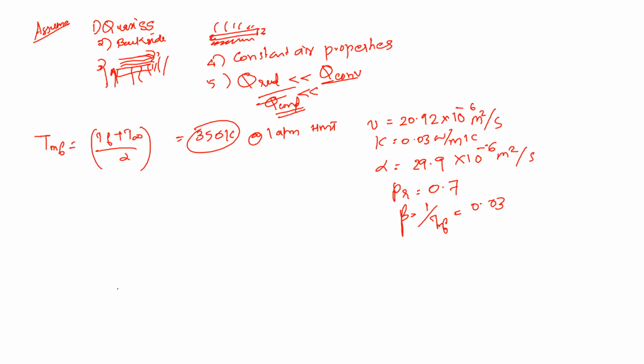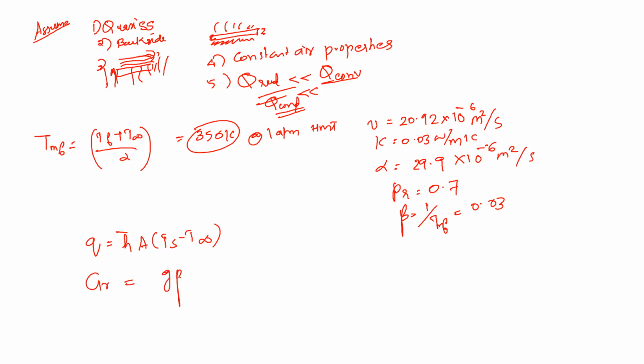So initially we will assume free convection. We know Q is equal to h bar into A into (Ts minus T infinity). So we need the Nusselt number. Before that, we will evaluate the Grashof number.